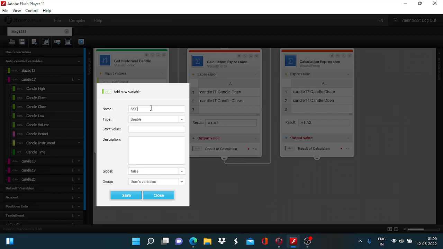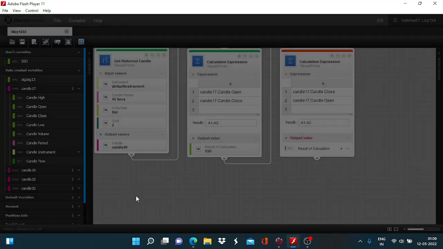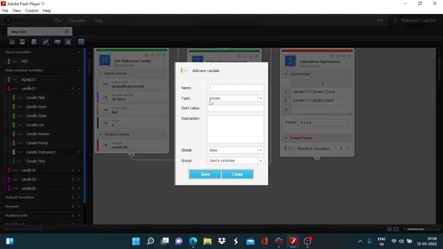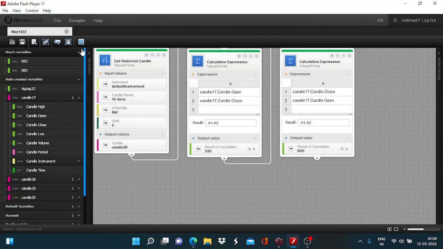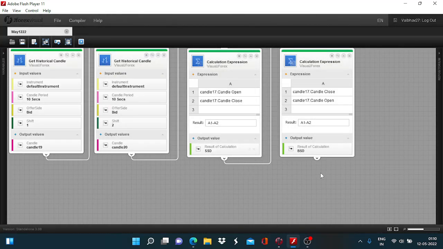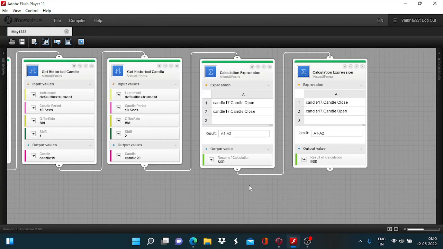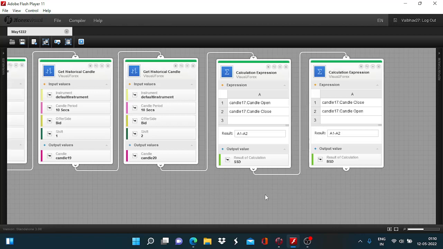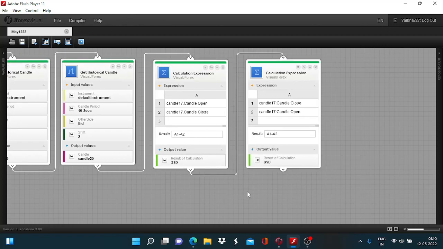So I will name it SSD, and this one we will name BSD. So we have these two new variables which we will utilize to retrieve the actual difference between the last hour's opening and closing prices when we will be looking for buy as well as for the sale trade.